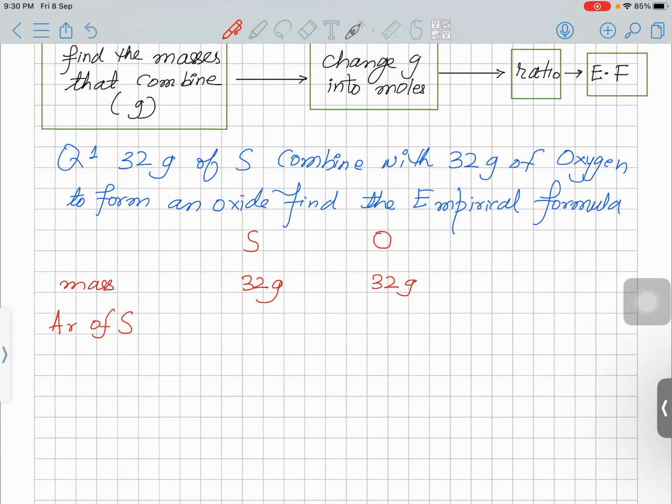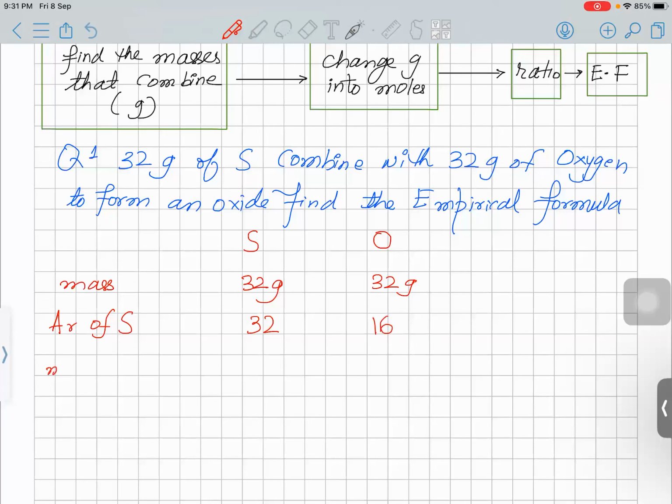Can anyone tell me the relative atomic mass of sulfur from periodic table? 16, sir. 16? No, sorry, 32. 32. Yeah. And oxygen? 16.